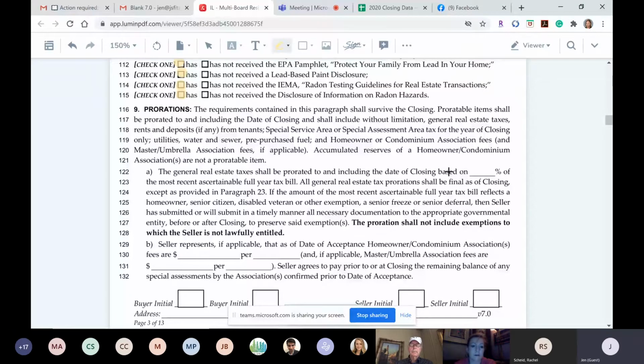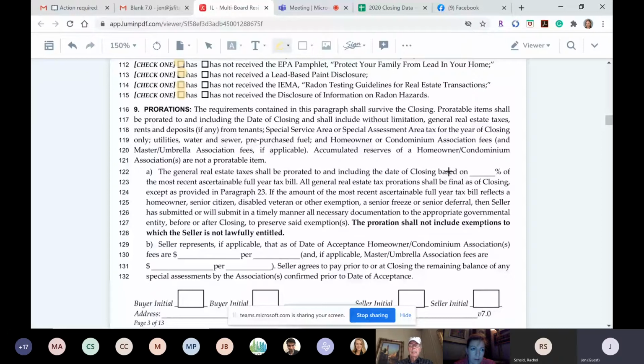You may have heard that before, and that's just a fancy way of saying a year late. So right now in 2020, we're paying the 2019 tax bill as homeowners. We're talking about property taxes. Next year in 2021, whoever owns the property as of January 1st will pay the full 2020 bill.